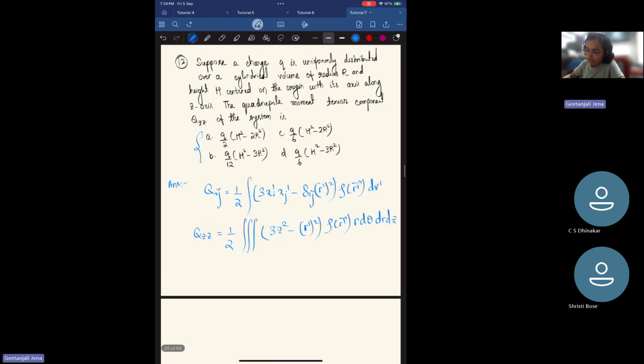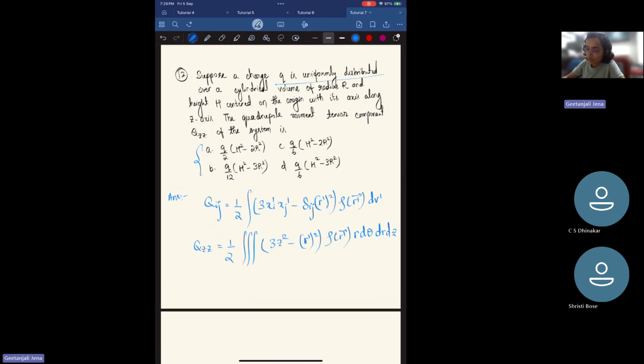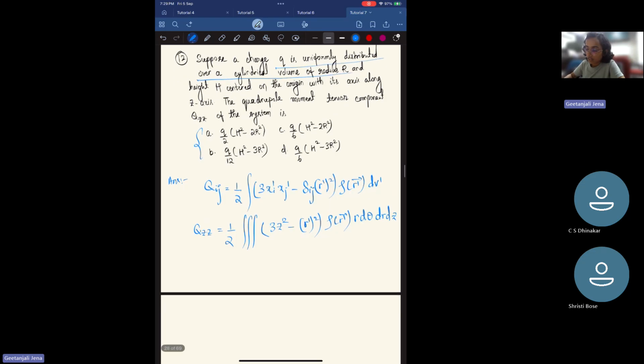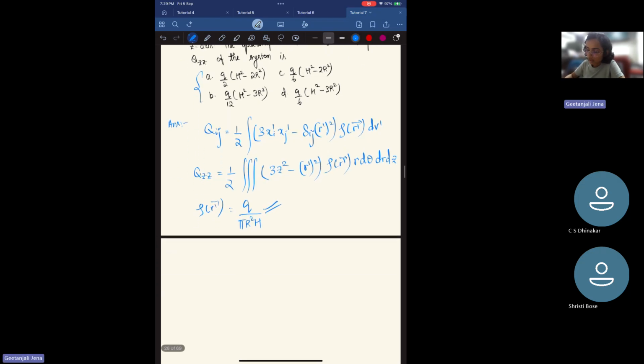It was given that Q is uniformly distributed over the cylindrical volume of radius R. So that means rho, you can guess, will be Q by V, and V is pi R squared H, right? So this is done.